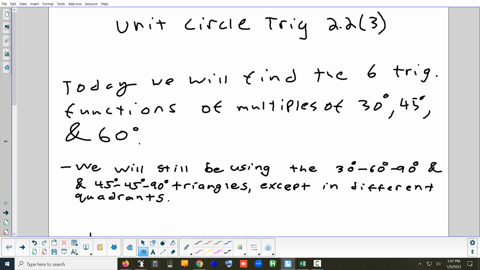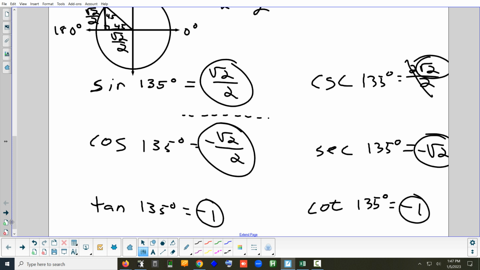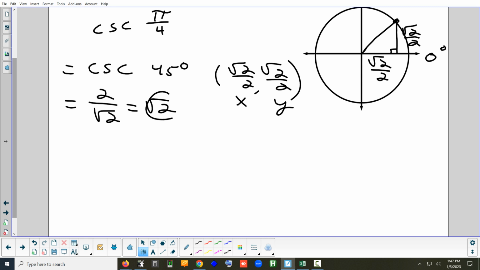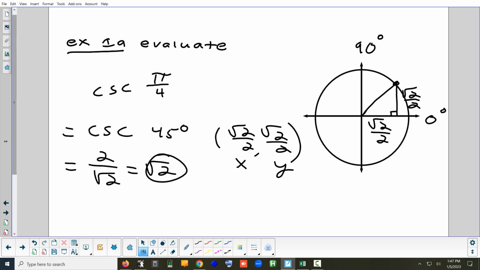And we just did that on this one, square root of 2. Any questions on how to get square root 2 out of there? Okay, so 2 things I'd look for on the test. 1, give me the coordinate. 2. In this case, I wanted the cosecant.